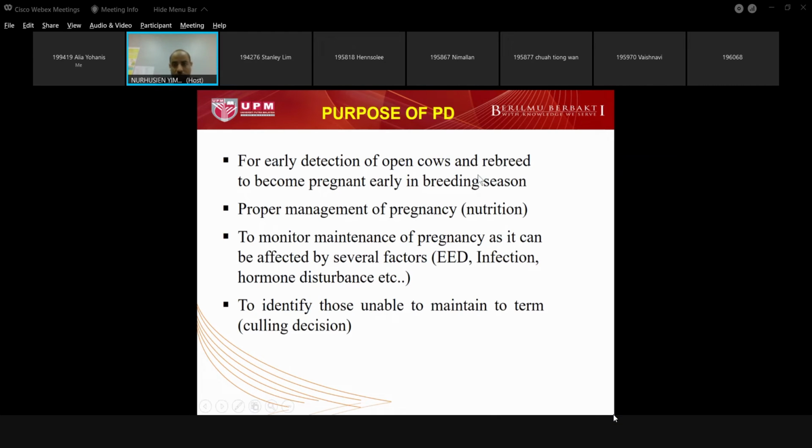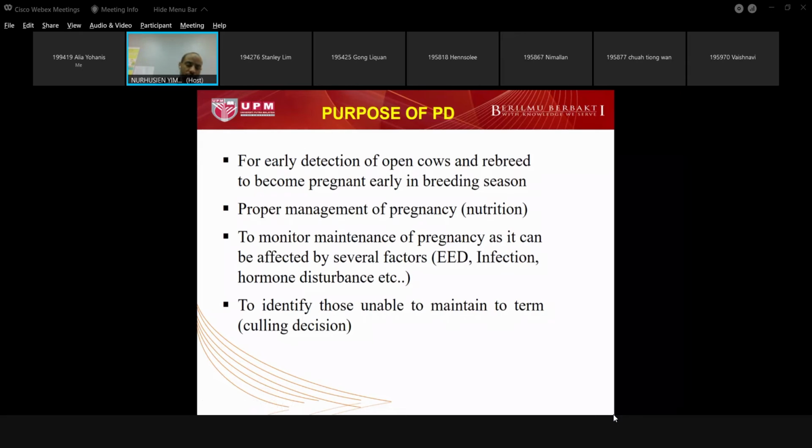So that's one of the main purposes. We don't need to waste time and also money keeping an animal without being productive, without getting the animal pregnant. That is one of the main purposes of having pregnancy diagnosis in your reproductive management program.